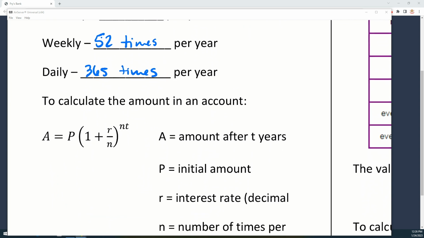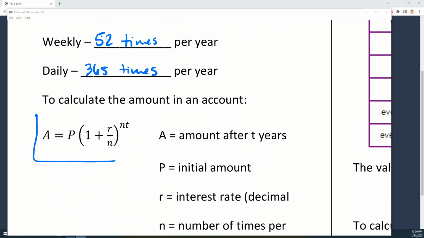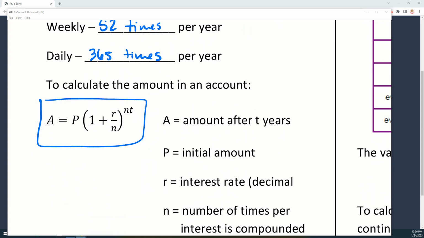All right, so what they actually did in this problem is they used this formula. Do you guys remember how much they said he had in his account 1,000 years ago? 93 cents. Good. And then the interest, they did say the interest was 2 1/4. So as a decimal, that would be 0.0225. They didn't say in the video that it was compounded one time per year, so n would be 1. N is the number of times per year for 1,000 years.